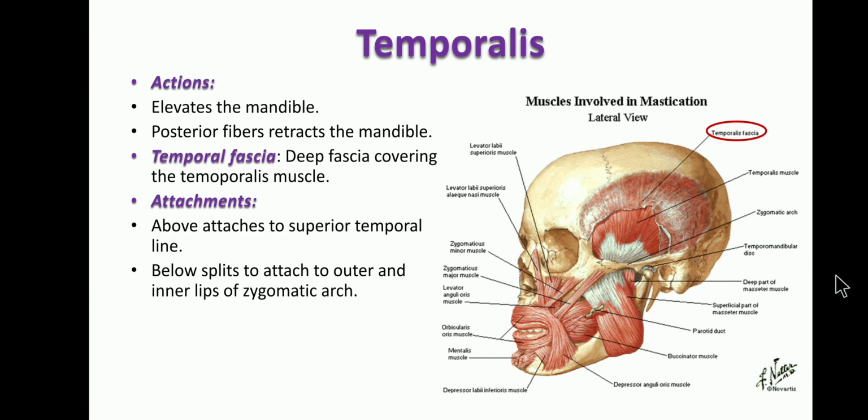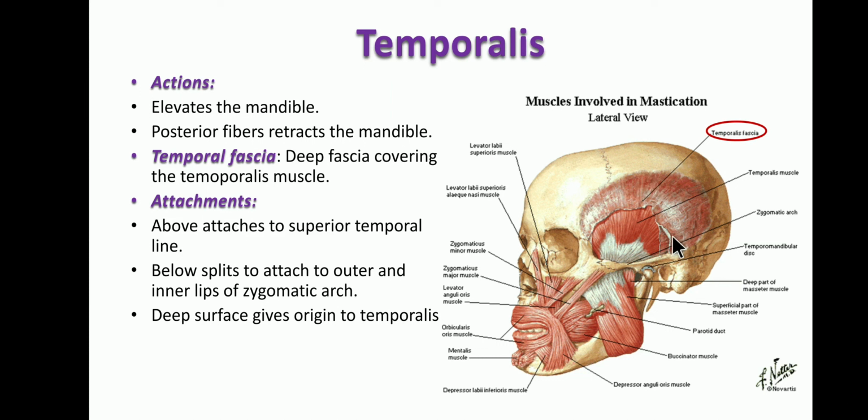As I told you, below it splits to attach to the outer and inner lips of the zygomatic arch. Its deeper surface gives attachment to the temporalis. Now this fascia morphologically represents a bone, which can be seen in the tortoise as a single bone.